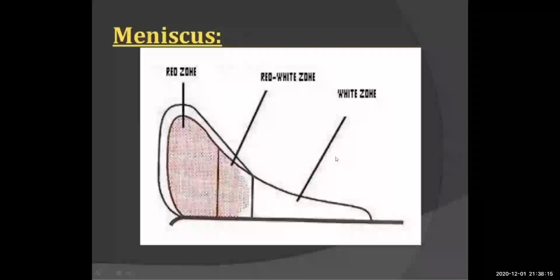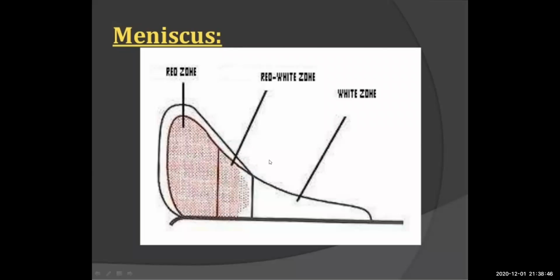Let us have an idea about how the meniscus gets its blood supply. According to the blood supply, you can divide the meniscus into 3 zones, and these zones dictate the type of management you can offer your patient. Say you have a patient with medial knee pain, you examine him, it is a clear medial meniscal tear, and the MRI confirms it.